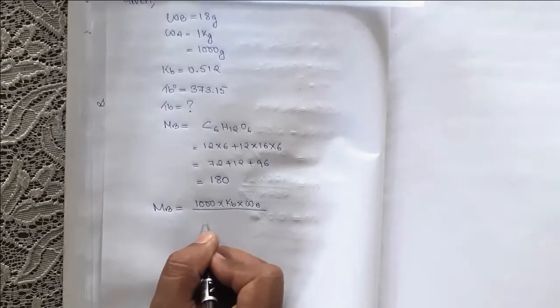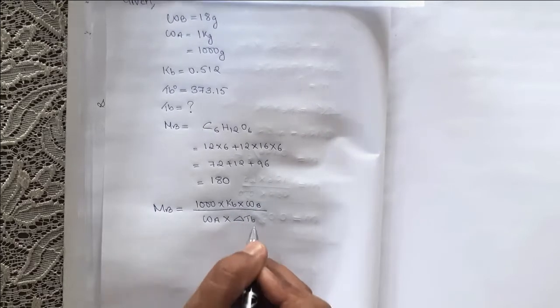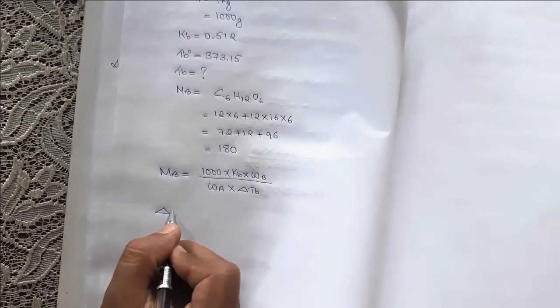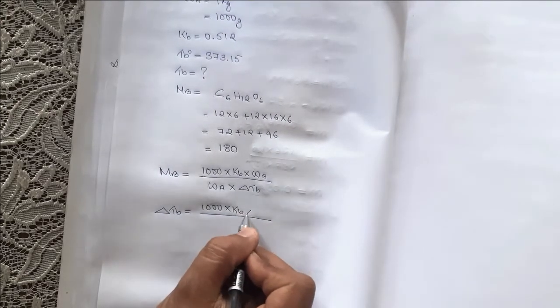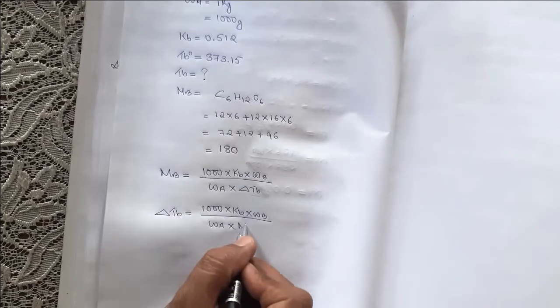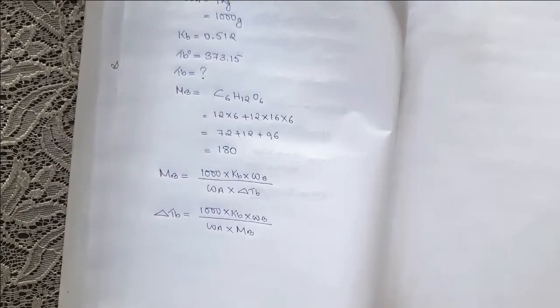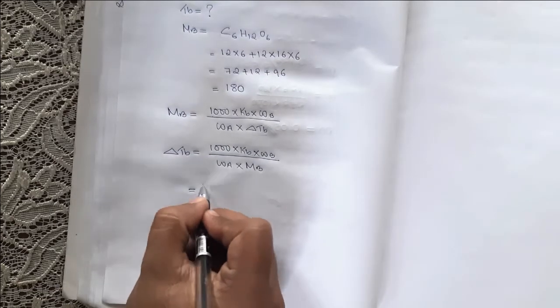So in order to find TB, first of all we need to calculate delta TB. So we have a formula out here. MB is equal to 1000 into KB into WB over WA into delta TB. So this is our formula. Since first we need to find delta TB, I'll rewrite the formula.